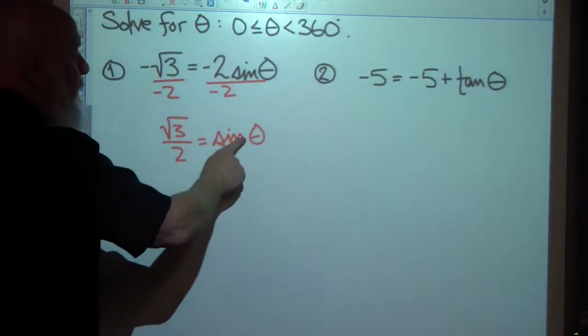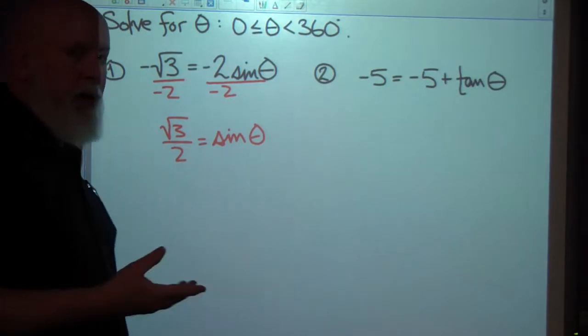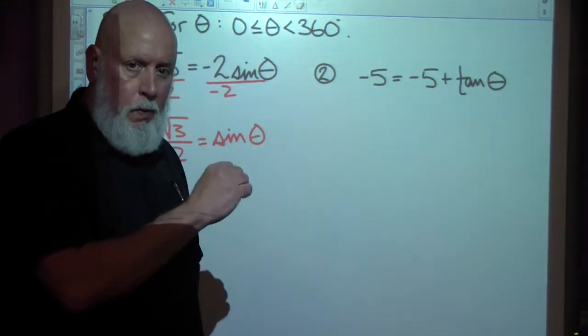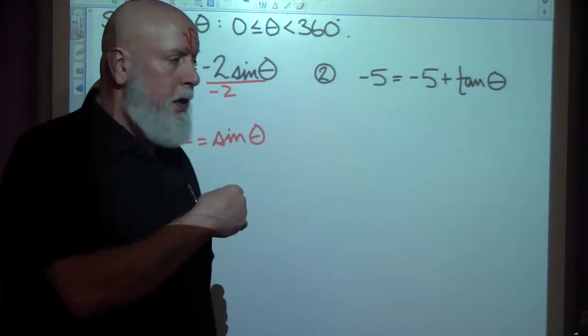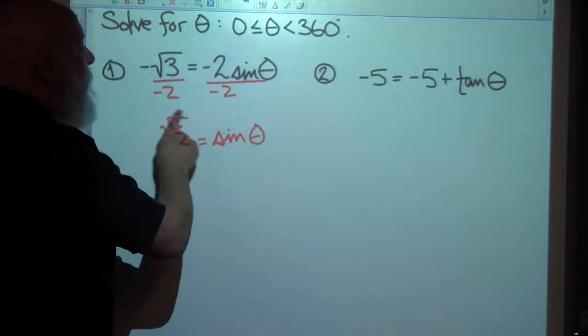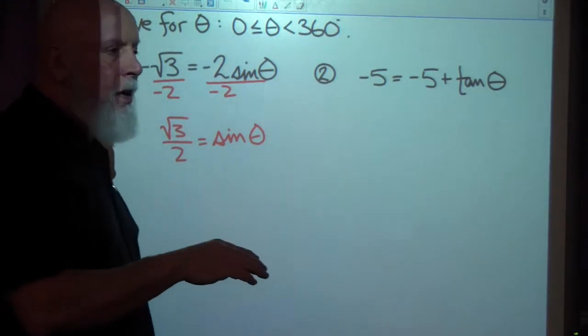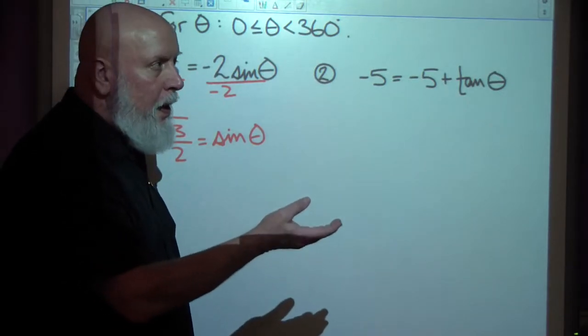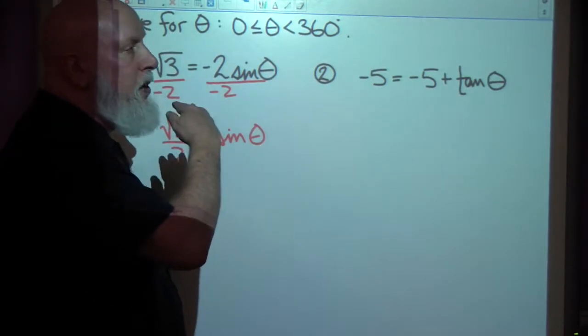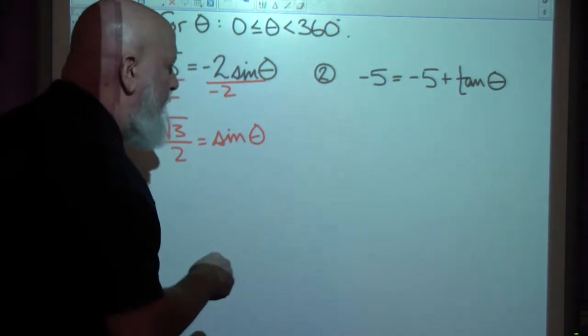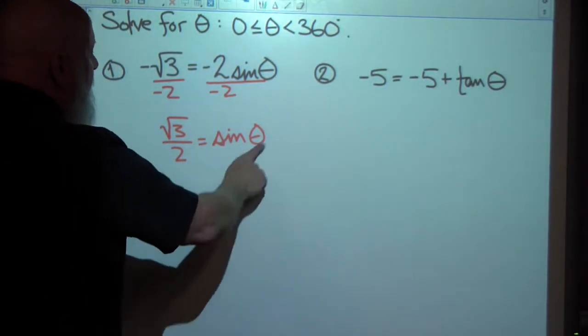So I'm asking myself, I know that sine is positive. Where is sine positive? Well, sine is positive in quadrant 1, and sine is positive in quadrant 2. So whatever I find here with my calculator, I'm going to find a reference angle in quadrant 2 that has the same value.